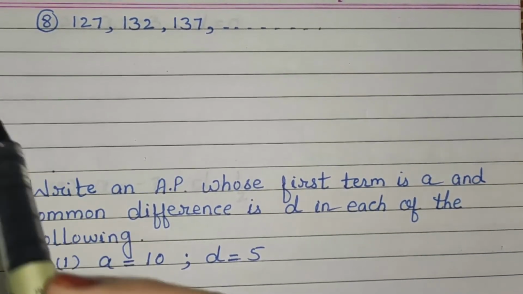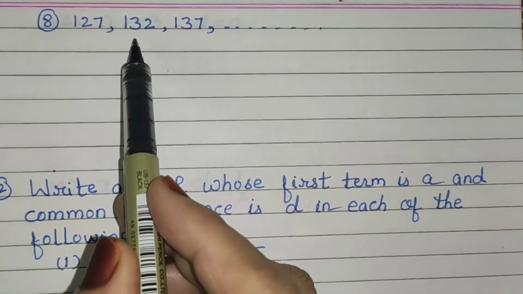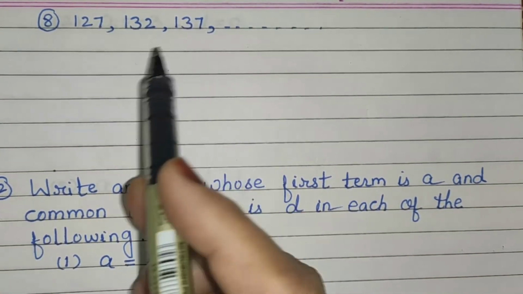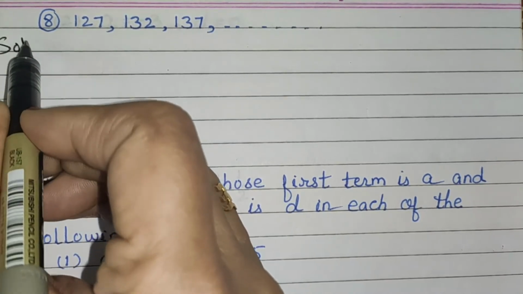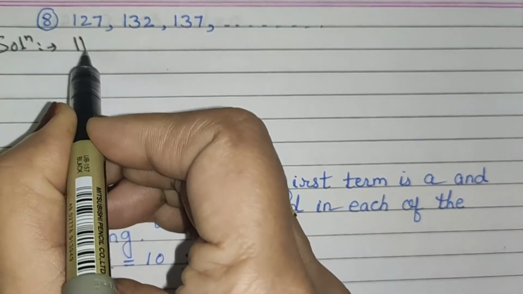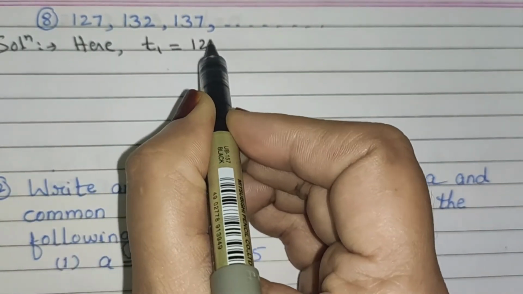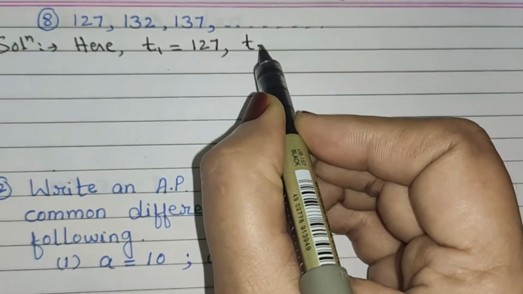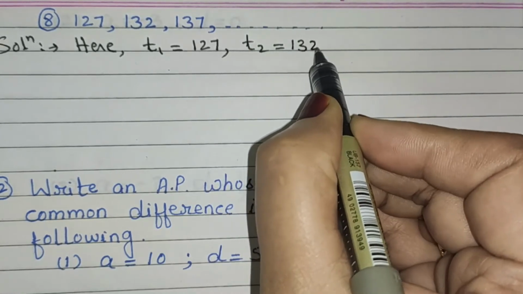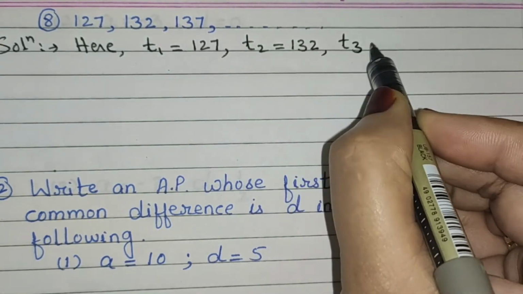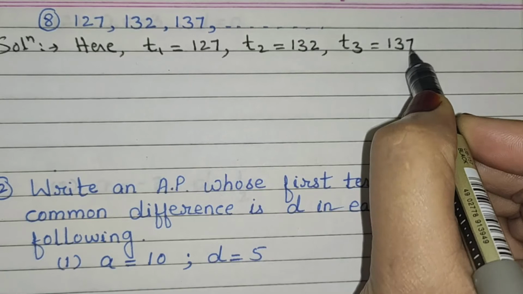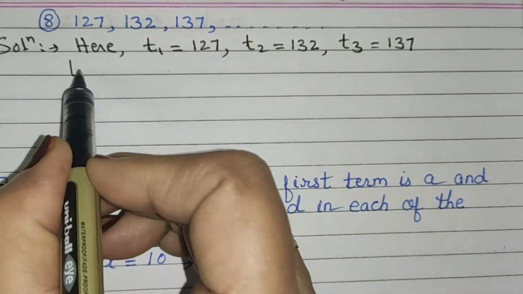Now the next sequence is 127, 132 and 137. Write down the solution here. T1 is equal to 127, T2 is equal to 132, T3 is equal to 137. Find out the difference.